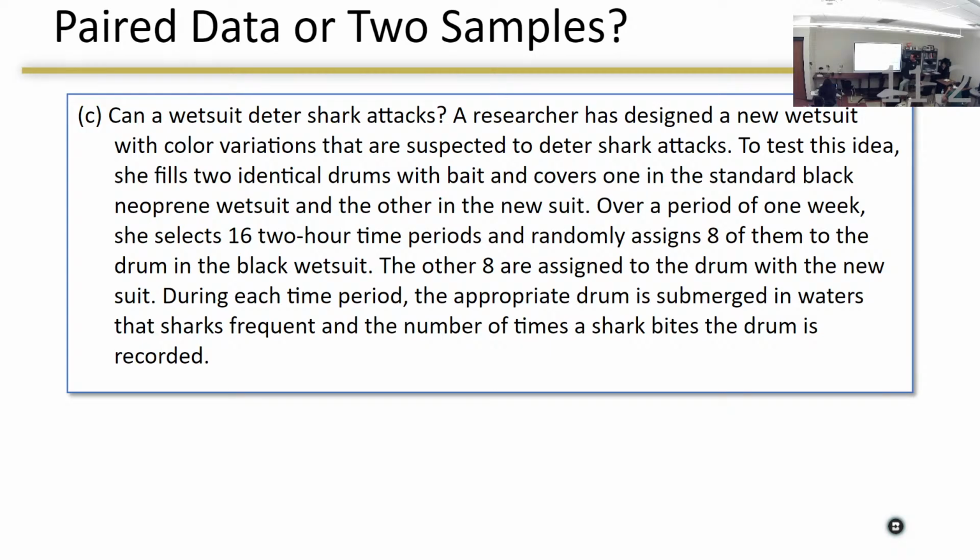Luckily, we didn't use people. She covers one in a standard black neoprene wetsuit and the other with a new wetsuit. Over a period of 1 week, she selects 16 2-hour time periods, randomly assigns 8 of them to the old, and the other 8 are assigned to the new. During each time period, the appropriate drum is submerged in waters. The number of times a shark bites the drum is recorded.